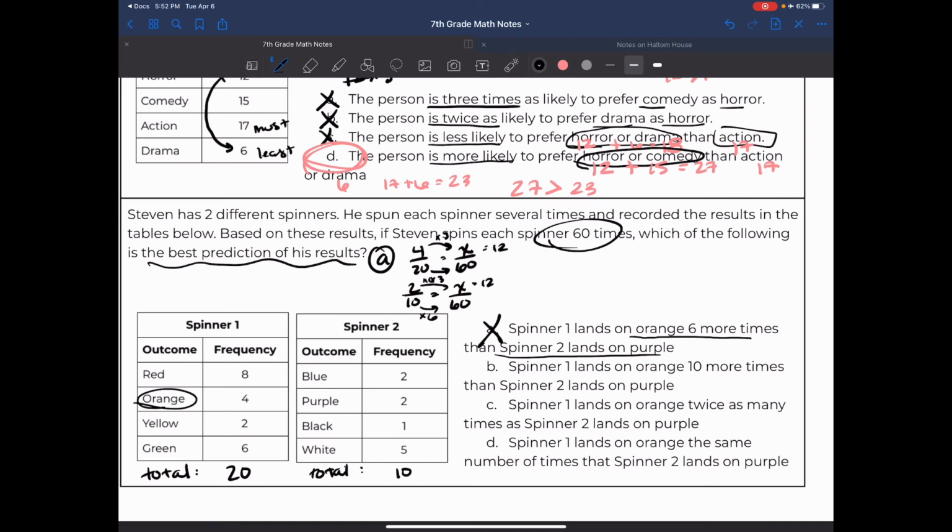Okay, answer choice B. Let's analyze it. Spinner 1 lands on orange 10 more times than spinner 2 lands on purple. Oh, that's cool. I'm still dealing with the same colors. So that actually makes my life a little easier because I already know that this is gonna be 4 out of 20.